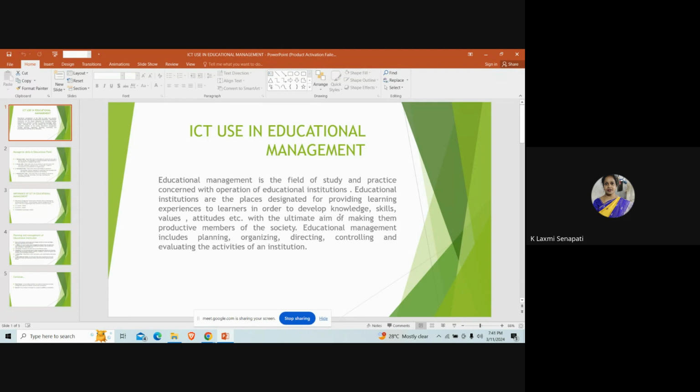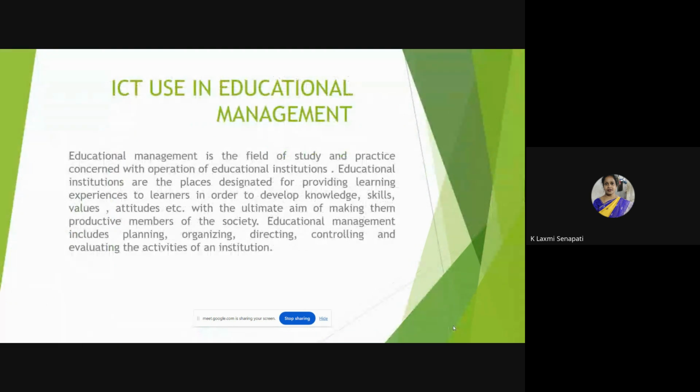Without planning, what will happen? We can't do the work smoothly; it will go unsystematically. So we have to plan, so that the classes and everything you can manage properly. Here educational management is the field of study and practice. In educational institutions, how will we practice that?